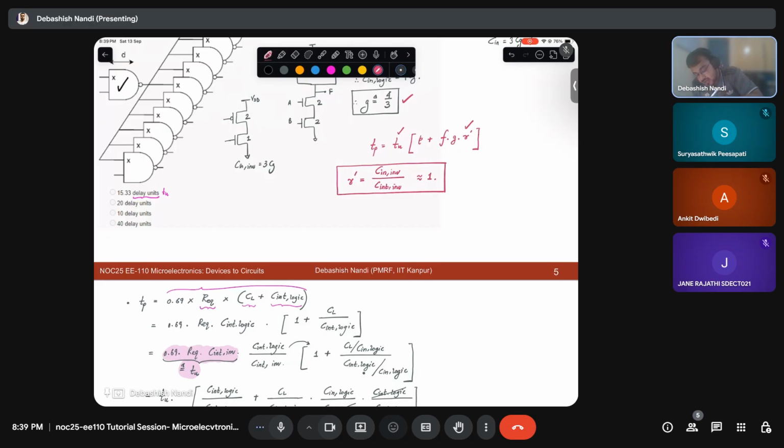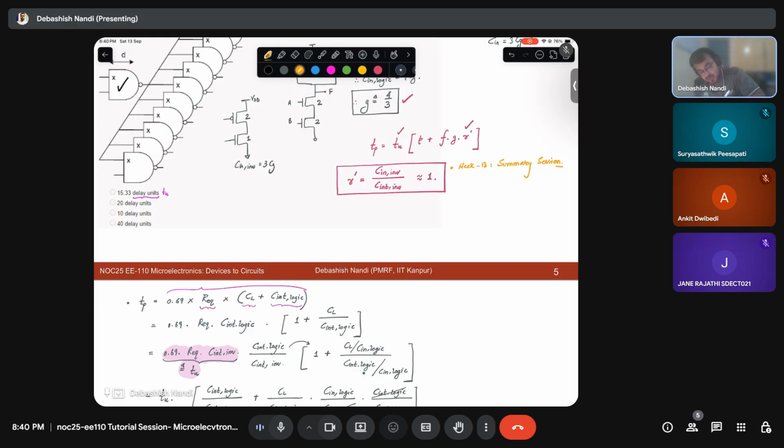This part needs some detailed understanding of the MOSFET capacitances, why gamma dash is equal to 1. I will take this up in week 13 or in the summary session. I can explain it now, but it will just delay the actual discussion. In the summary session, I will discuss why gamma dash is mostly equal to 1. Even in the question, you will be given that your self-loading factor is 1 for the inverter.